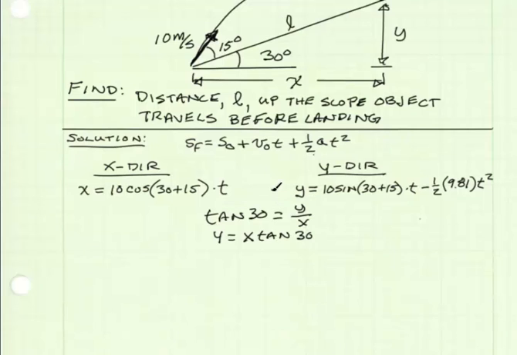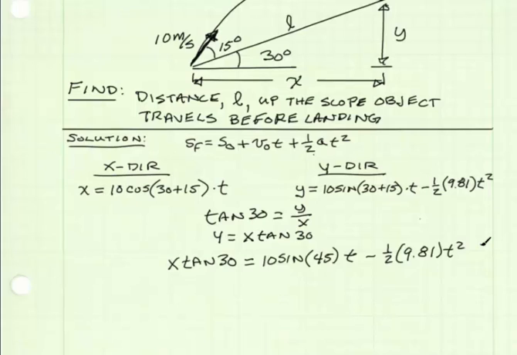So let's go back to our equation for the y direction, and we'll plug in this for y. So x times the tangent of 30 is equal to 10 sine of 45t minus 1/2 9.81t squared.